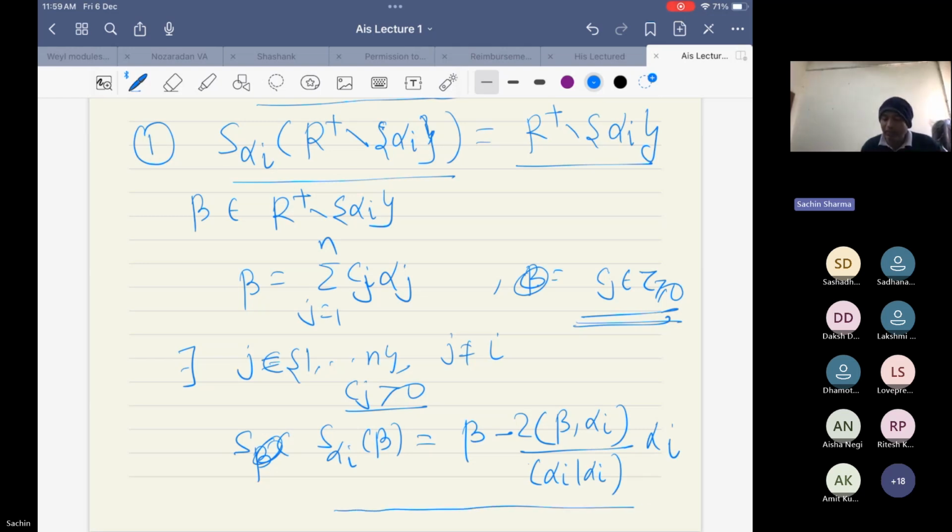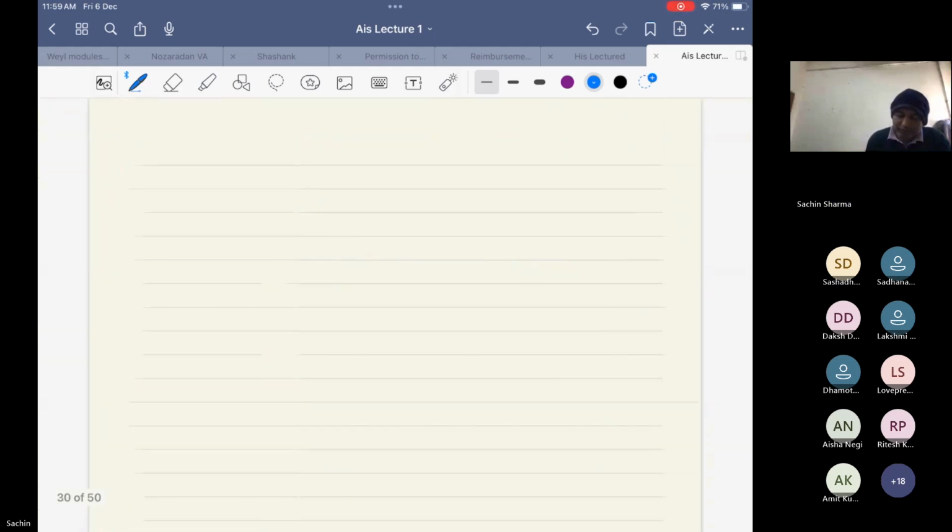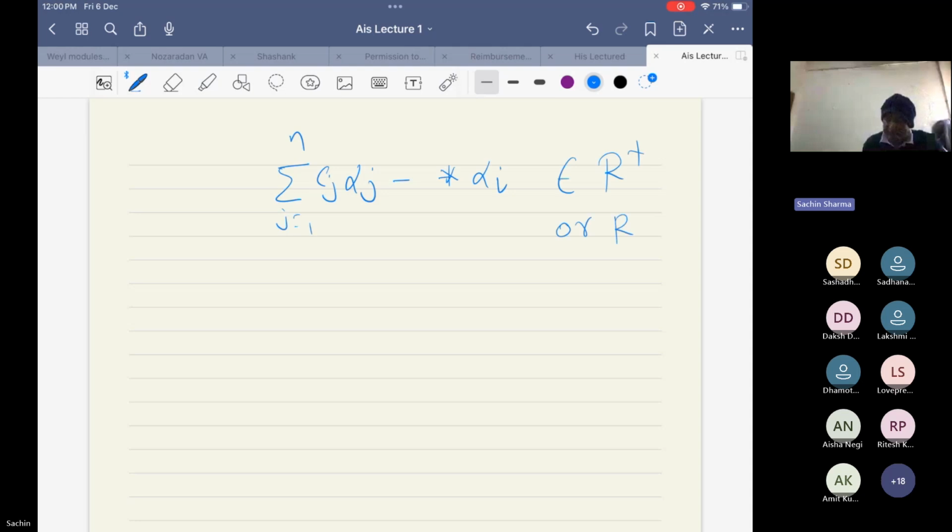Now, can one tell me what type of root this is? Whether it is positive or negative? We will stop after this proposition. But what I want is this. So this is your summation Cj alpha j, j equal to 1. This is beta minus some star of alpha i. Whether it belongs to R plus or R minus.